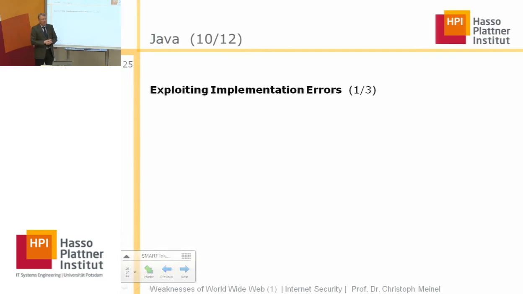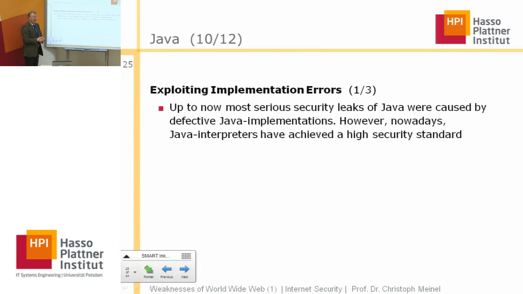The fourth attack, or say the fourth risk I mentioned speaking about Java, was exploiting implementation errors. And here come some examples for this attack scenario.